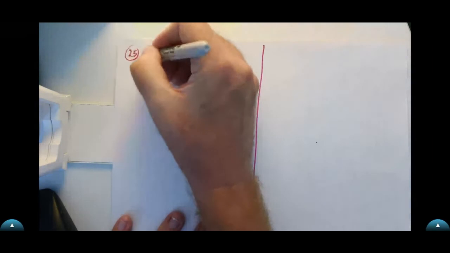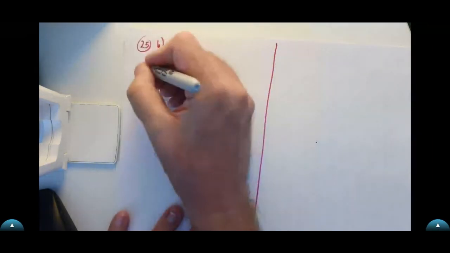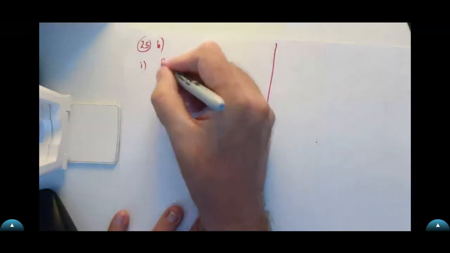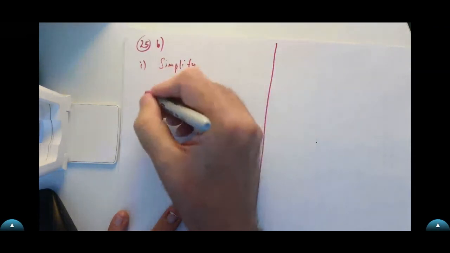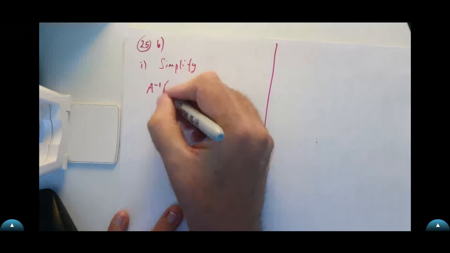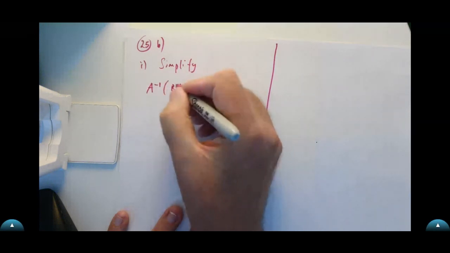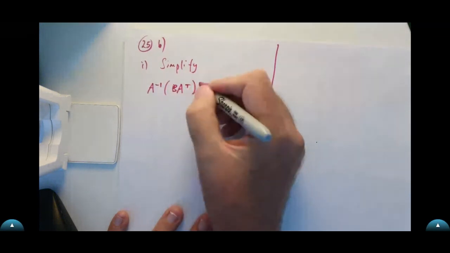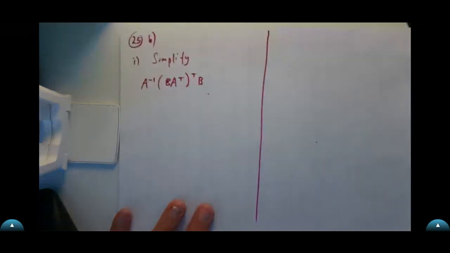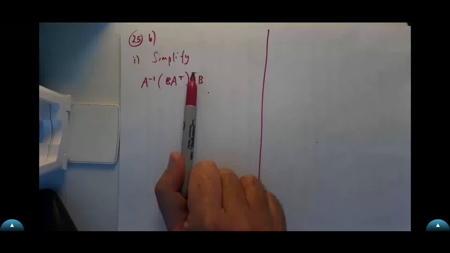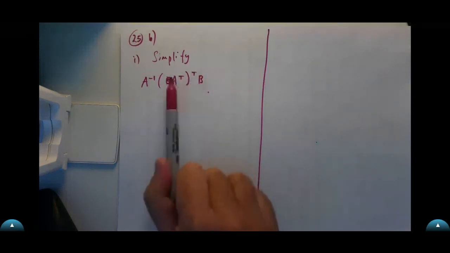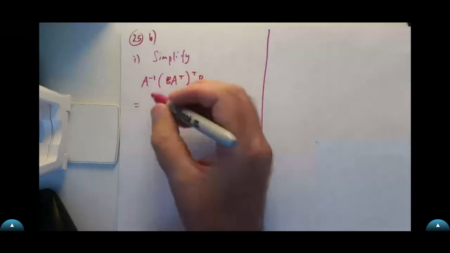All right, so this is 25B. So we want to simplify this. Okay, and so the easiest way is to distribute this transpose sign.